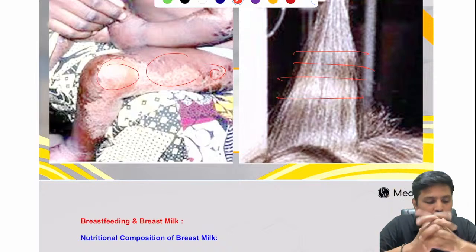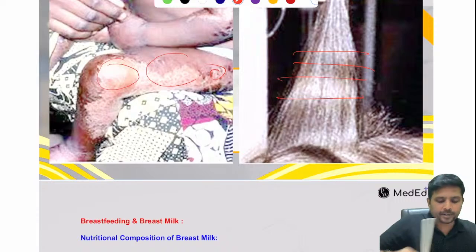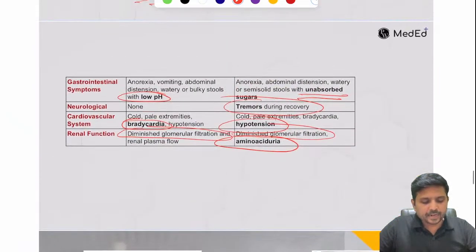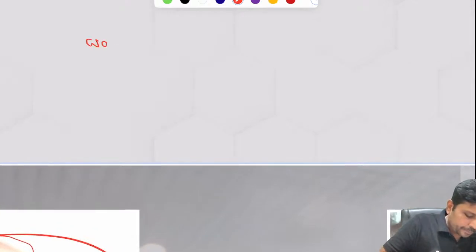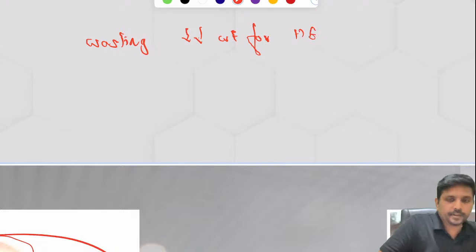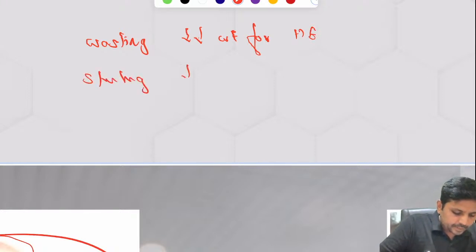Severe acute malnutrition is definitely an important question for you. Another likely question is what is called wasting and stunting. What is called wasting? Wasting means you have low weight for height. What is called stunting? Stunting is low height for age.